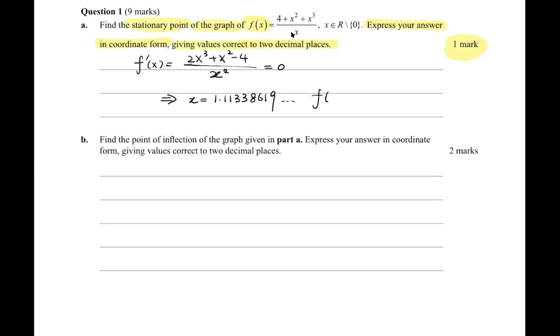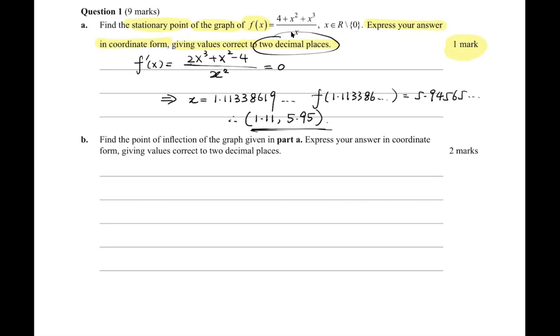And f of 1.113386 blah, blah, blah will give you 5.94565, blah, blah, blah. Correct to 2 decimal places, the stationary point is 1.11, 5.95, okay? Just in case anytime you need the exact value, you do need to keep them in exact form.